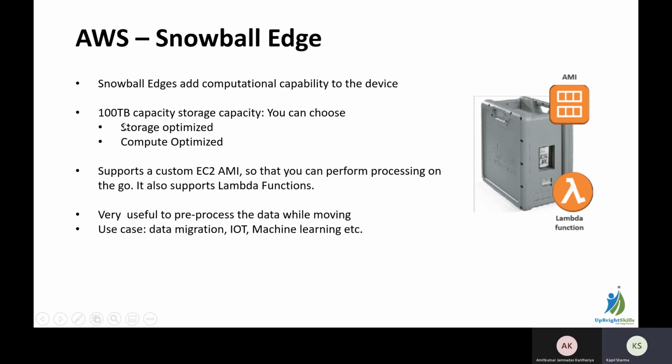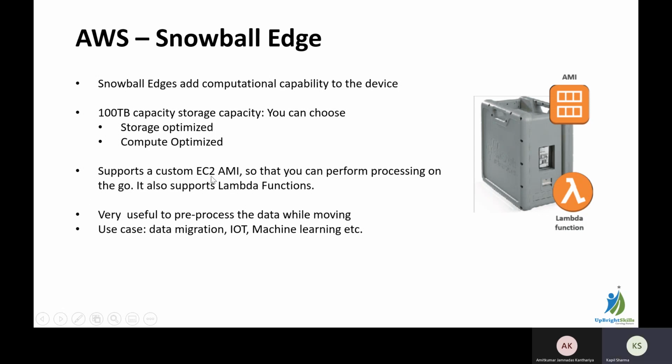It starts with 100 TB storage capacity. You can choose a storage optimized device as well as a compute optimized device. You can also have your predefined Amazon Linux machine image installed on this device, and then have your computation running on it. While it is in transit, your computation will keep running on that device.